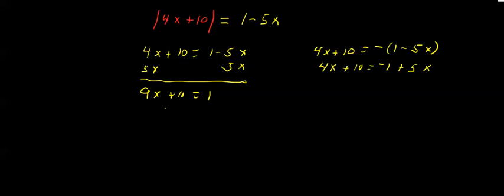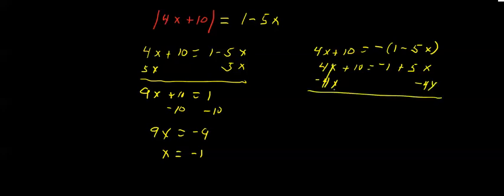I subtract 10 from both sides, and I get 9x equals -9. X equals -1. Come back here, subtract 4x, and those cancel. 10 equals -1 plus x. Add 1. 11 is equal to x.